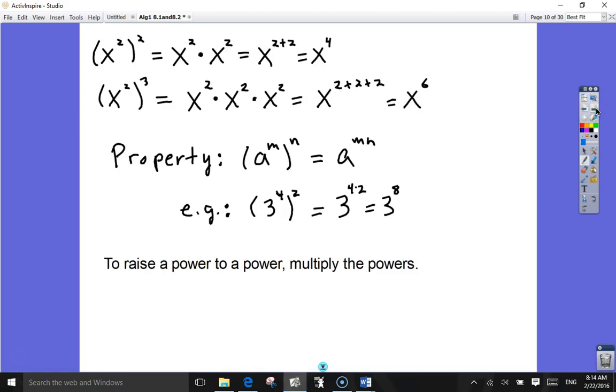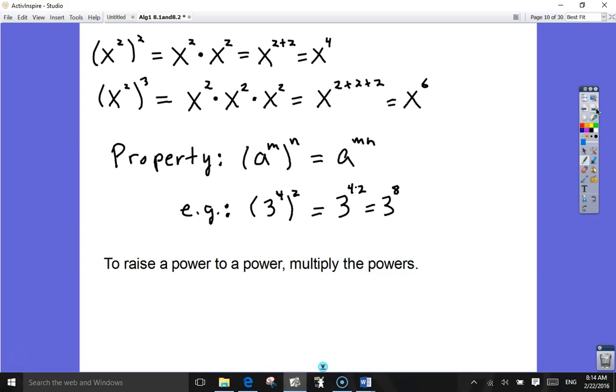Okay, here's the next property, right? If you have something that's being raised to a power, and then you have another power outside the parentheses, like x squared squared, again, what does it mean to square something? It means multiply that thing times itself. So that's x squared times x squared. But now we're using the first property, right?